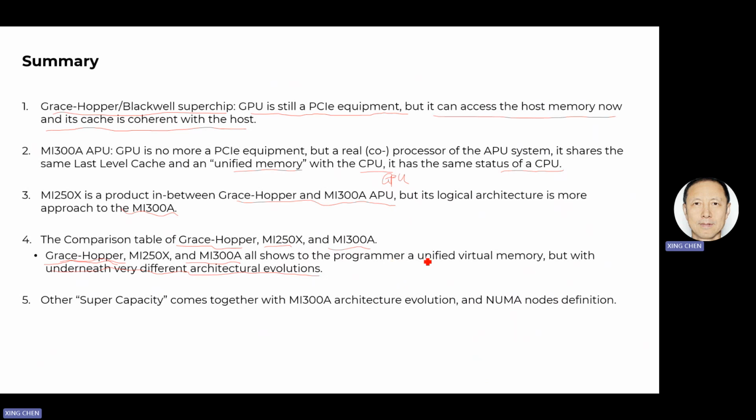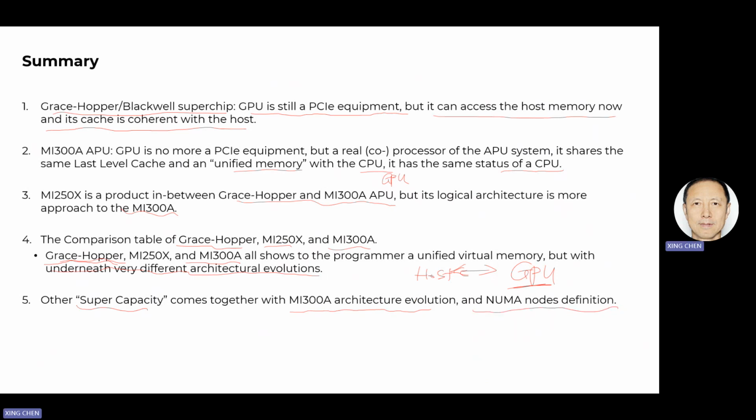With this architectural evolution, you don't need to care about memory copy in, copy out from the host to the GPU. You don't need to copy the data to the GPU and afterwards copy the result back to the host. This copy in, copy out is no more a story for the programmers. It's going to make their life much easier. And at the last, we discussed the superchip's capacity coming together with the MI300 architectural evolution and the NUMA node definition.